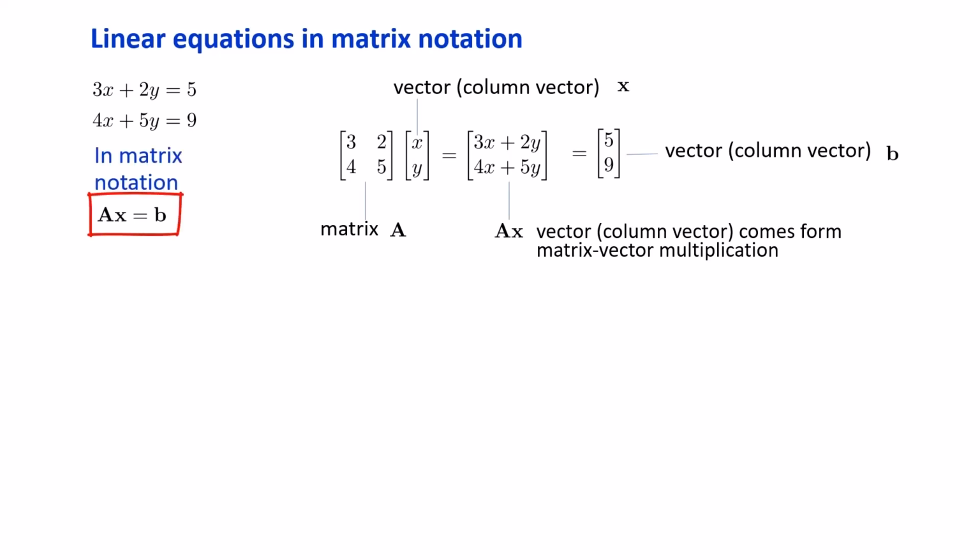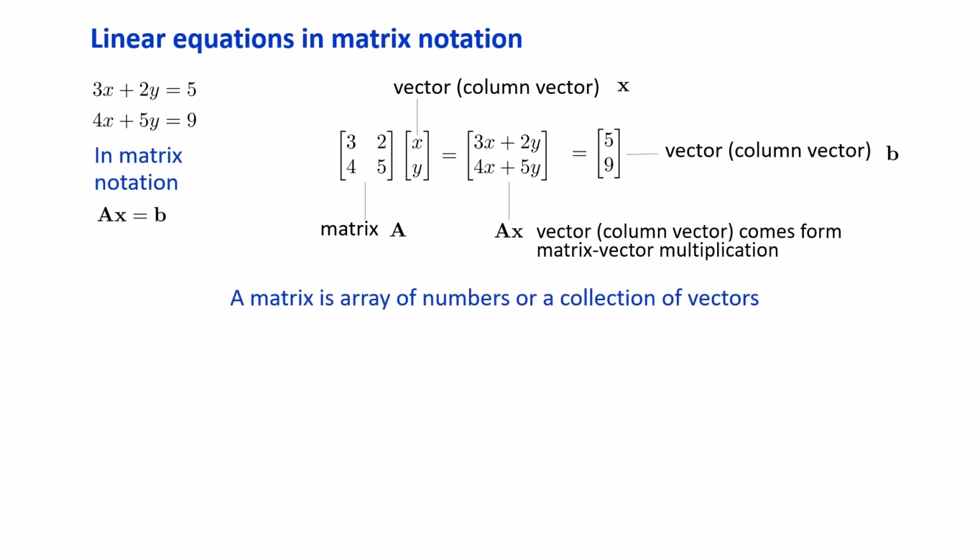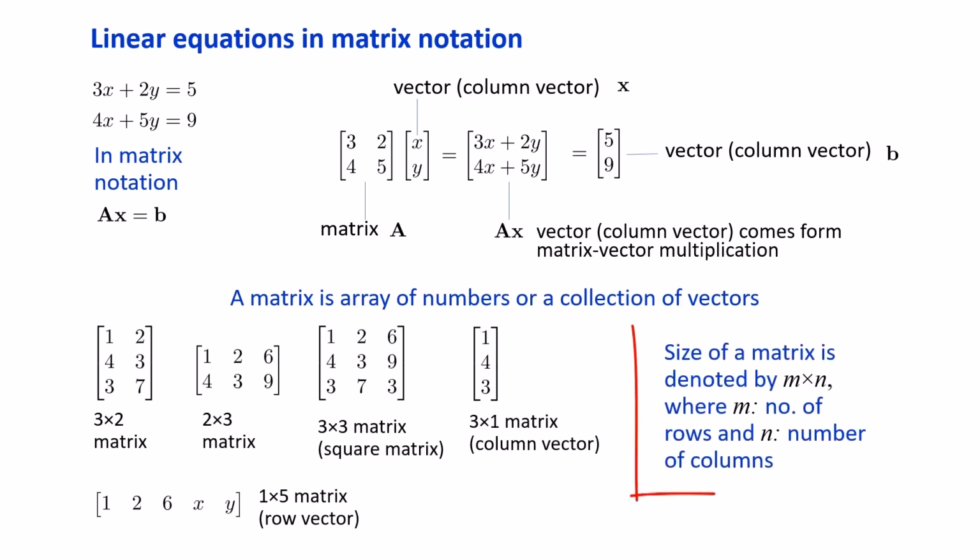A matrix is usually described as an array of numbers, and you are quite familiar with such description. Matrices may also be described as a collection of vectors, and we'll slowly familiarize ourselves with this idea. Size of a matrix is given by number of rows cross number of columns.